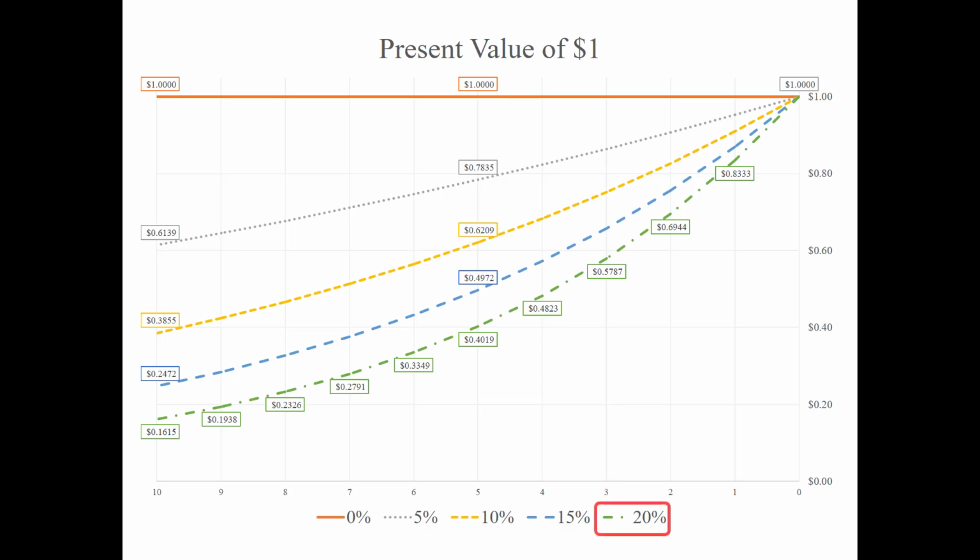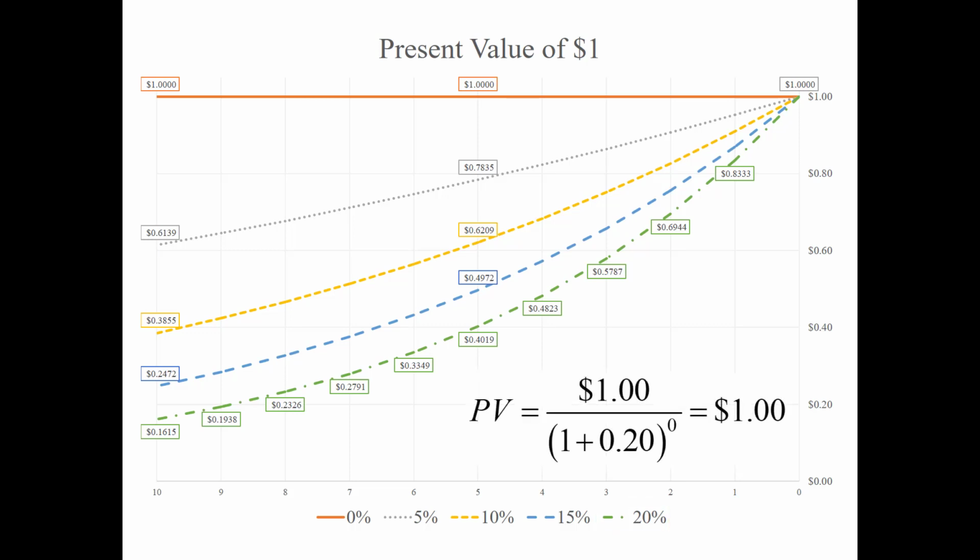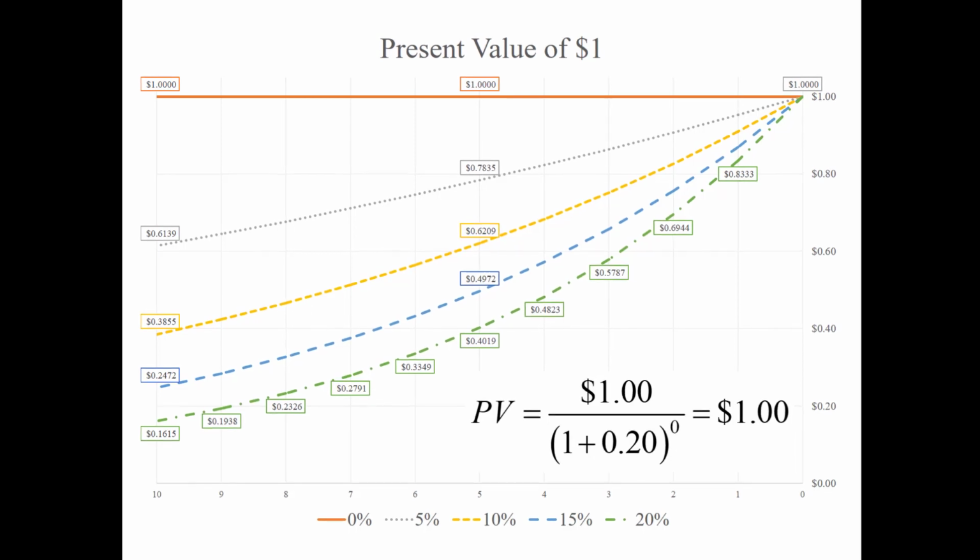The bottom line, denoted by 2 dashes and a dot, shows the changes in value from time periods 0 through 10. So one example, if we look at the present value of $1 discounted at 20% raised to the 0th power, in other words, if we earn 0 years of interest, then we still have our $1.